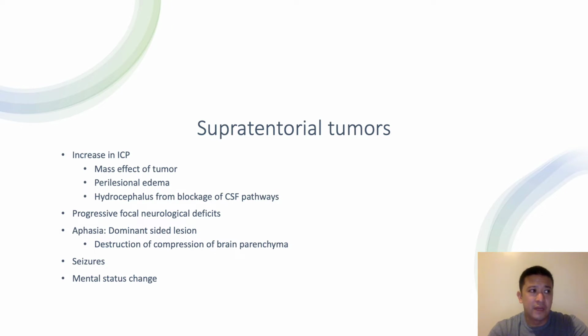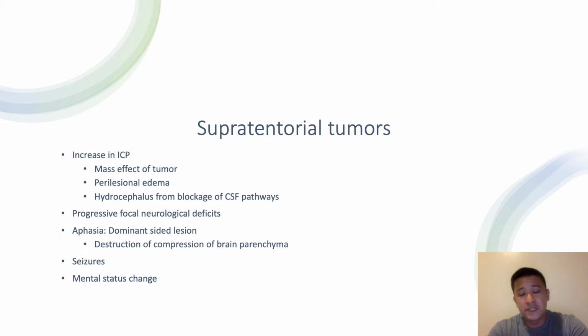or anything that will cause impingement in your aqueduct, your Sylvian aqueduct, could cause hydrocephalus. And again, as mentioned earlier, progressive focal neurologic deficits brought about by the tumor's damage or compression with your motor pathways or even your sensory pathways. If the tumor is located on the left side, which is the dominant hemisphere of the majority of the people in the world, you can have aphasia.